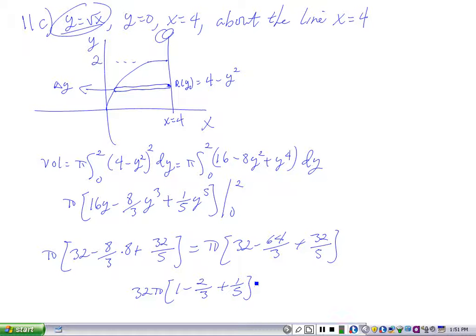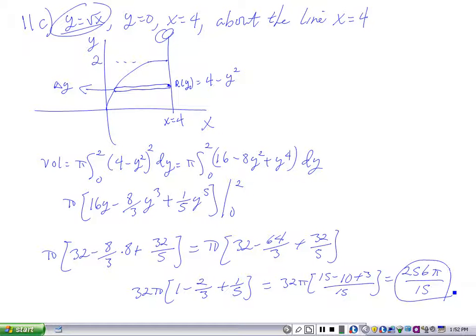This is the way you do it when you don't have a calculator. 32 pi times, looks like 15 minus 10 plus 3 over 15. So that's like 8 times 32, 256 pi all over 15.